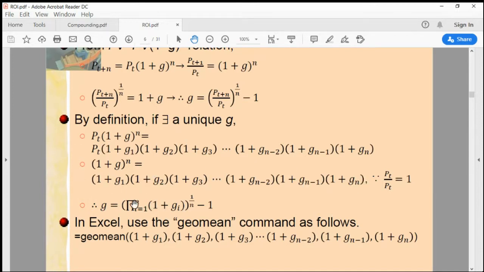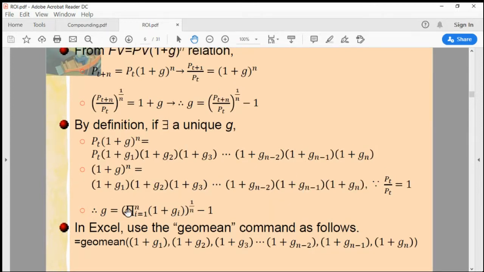So we capture everything in this single expression, and then we raise it to 1 over n, minus 1. That's exactly what I did in that cell in Excel, right? So let me go back to Excel.